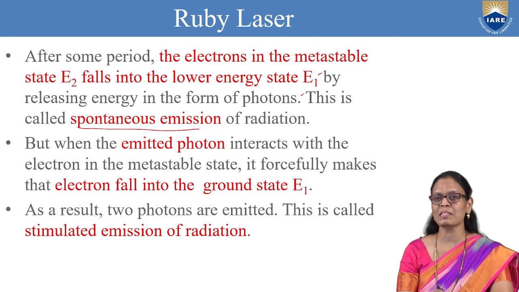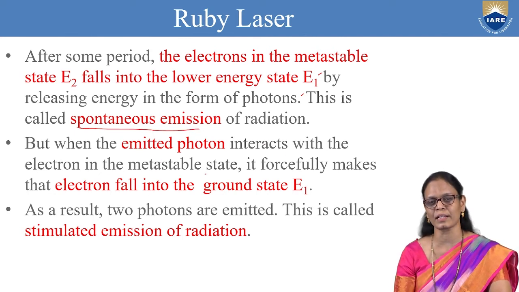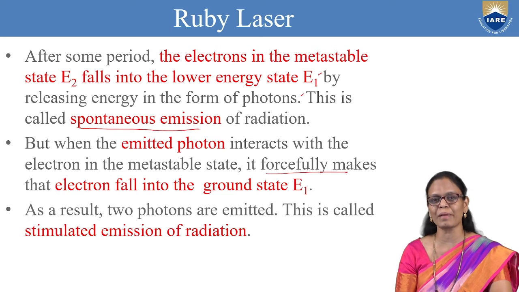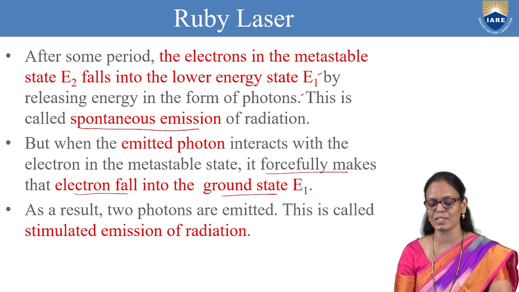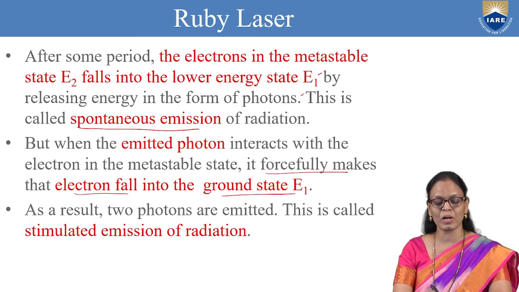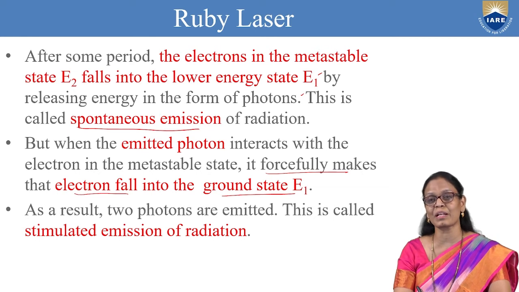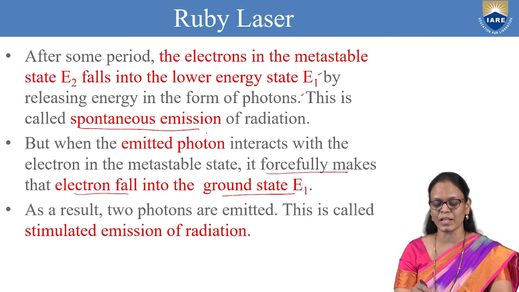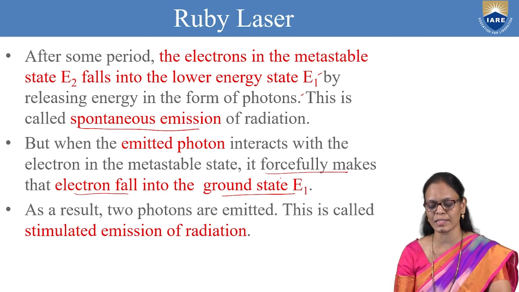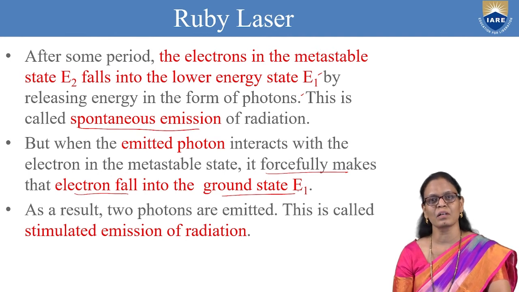But what happens when these emitted photons interact again with the electrons in the metastable state? They will forcefully make the electrons fall to the ground state. This is very important because in spontaneous emission, we may not get any useful radiation. But when these photons interact with the atoms in the metastable state, they will make them forcefully fall to the ground state.